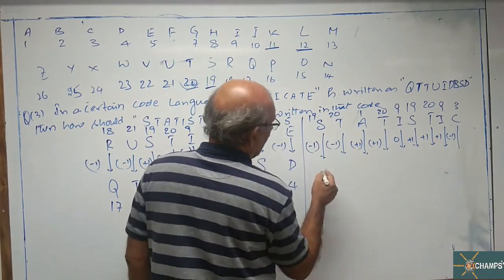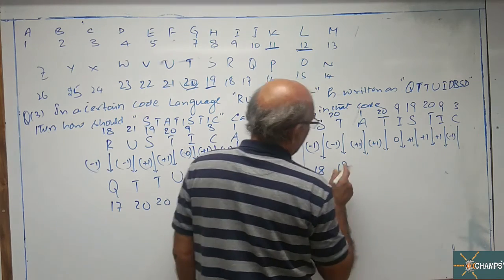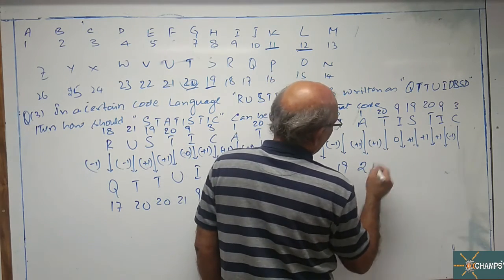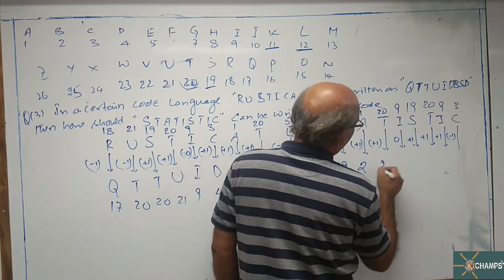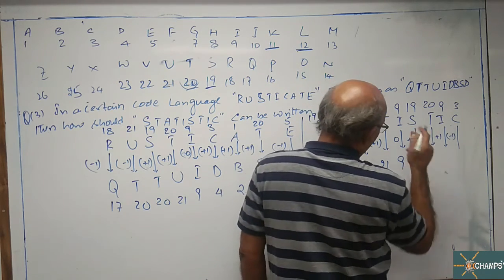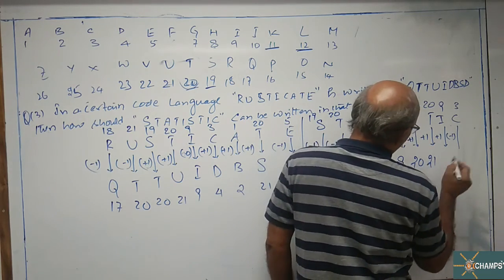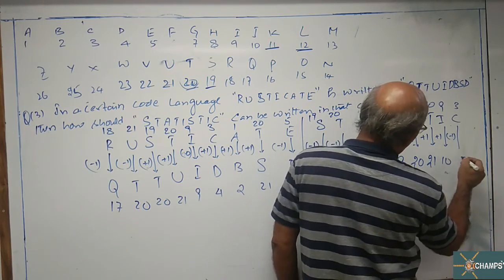Now write the numbers, sir. 19 minus 1 is 18, 20 minus 1 is 19, 1 plus 1 is 2, 20 plus 1 is 21, 9 plus 0 means 9 only, 19 plus 1 is 20, 20 plus 1 is 21.